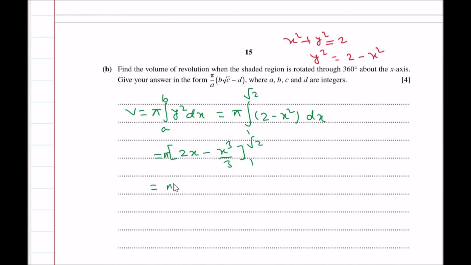So now π times [2√2, put x = √2 first. So we get 2√2 − 2√2/3, minus, now put 1, so 2 − 1/3].